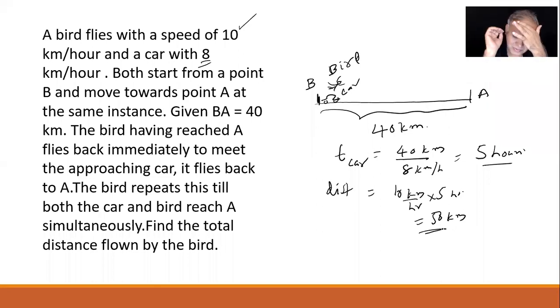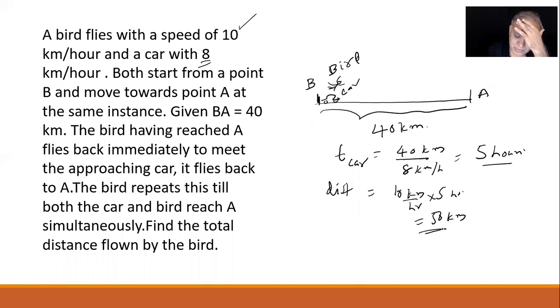Try to understand this question this way. We are not worried about the velocity of the bird. We are worried about the speed of the bird. The bird goes, reaches the car, meets the car and goes back again. But as a whole, it is taking only 5 hours because by the time the car reaches A, even the bird is reaching A once again.